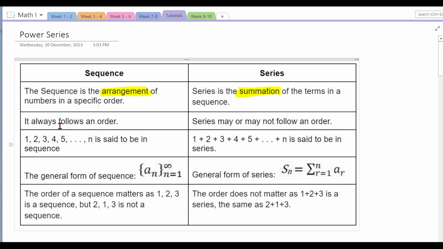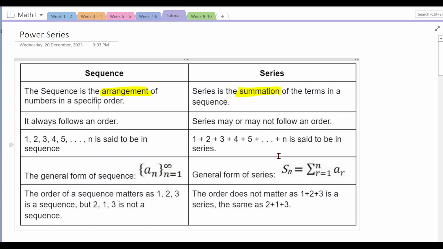Secondly, a sequence always follows an order, whereas a series may or may not follow particular orders. 1, 2, 3, 4, 5, until n is said to be a sequence. However, 1 plus 2 plus 3 plus 4 and 5 is said to be a series, using the plus notation or plus or minus. The general form of a sequence is given here with a sub n representing a sequence, sometimes letter A, sometimes letter U. Textbooks use different letters, starting from n equals 1 to infinity, for example.